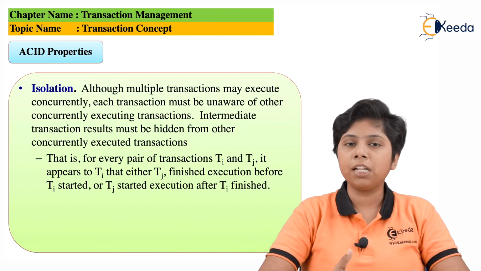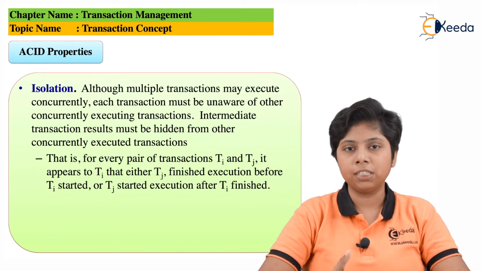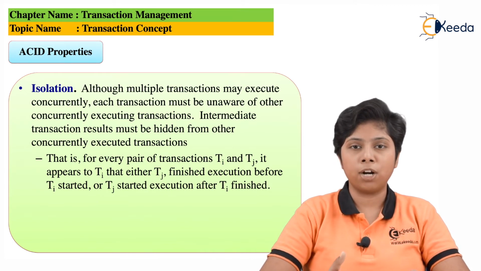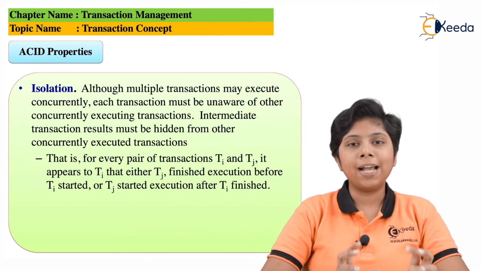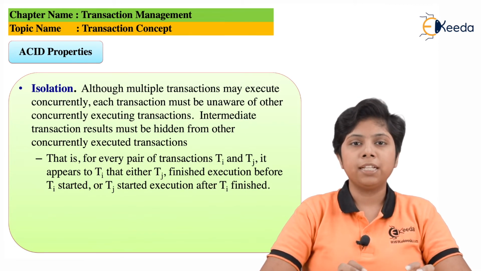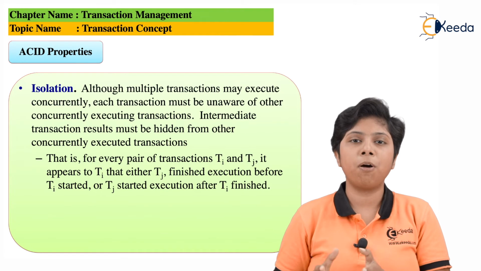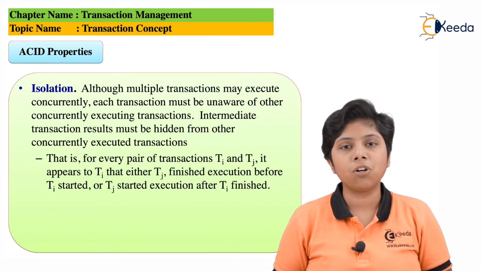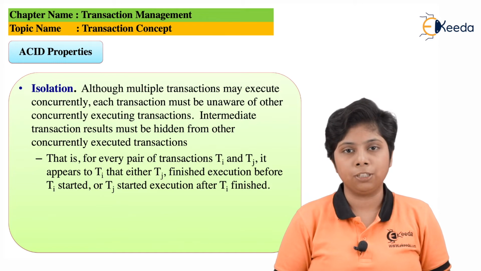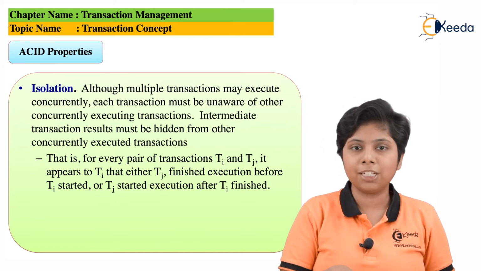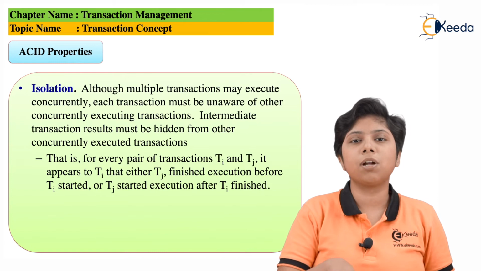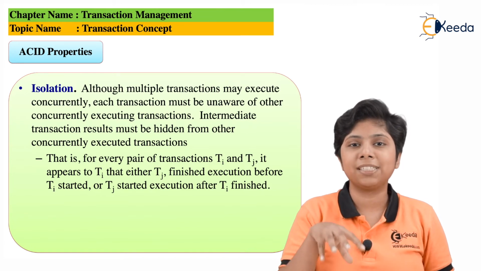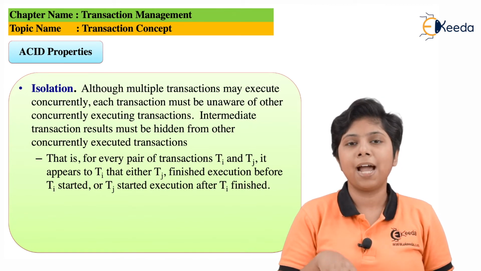They will definitely produce an inconsistent result, which is not desirable. So isolation is important: one transaction performs in an atomic and consistent way, isolated or separated from other transactions. When a transaction is performing, no other transaction can perform on the same part of the database at the same time.